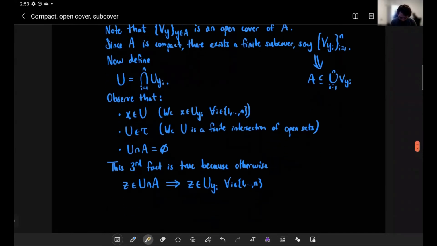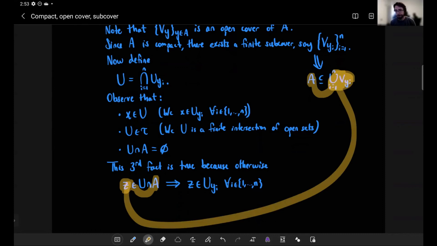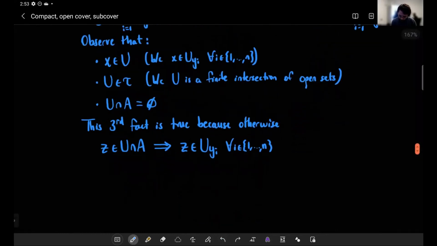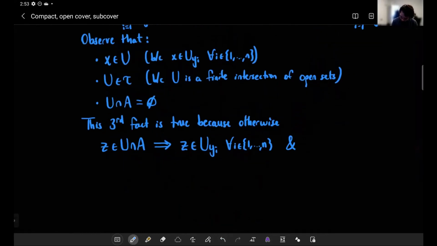And so if Z is in A and A is in the union, that means Z is in this union. But what does it mean to be in a union? Well, it means you're in at least one of the sets composing that union. So written down here, I'll say and Z is in V sub y, let's use a different index j, for some j in that finite collection.